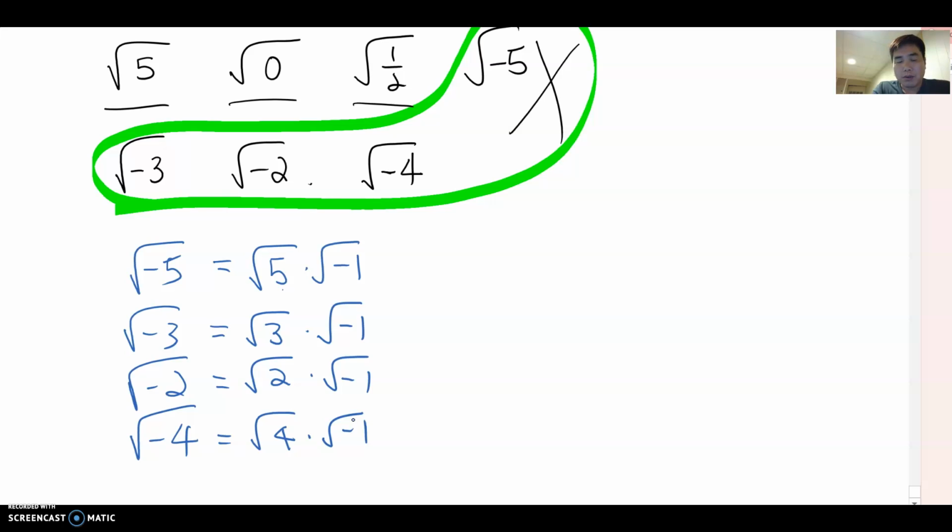Okay, so whenever we see any imaginary number, we see root negative 1. So we clarify that this is the definition of an imaginary number. Root negative 1 is the basic definition of an imaginary number.